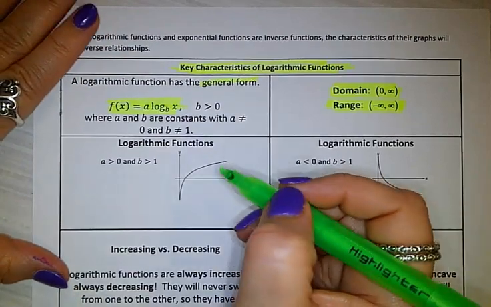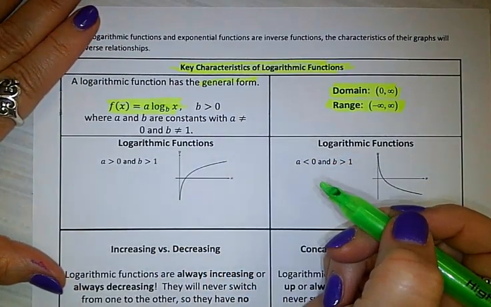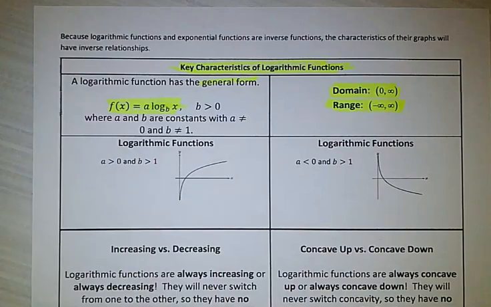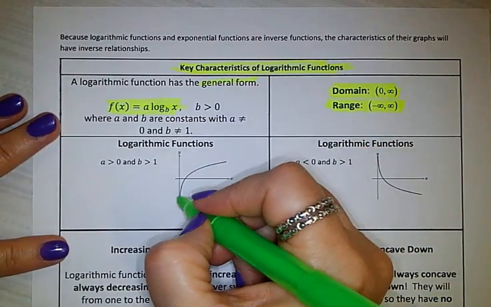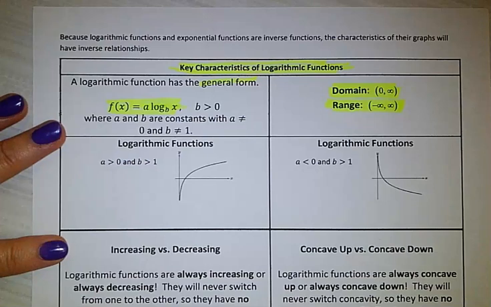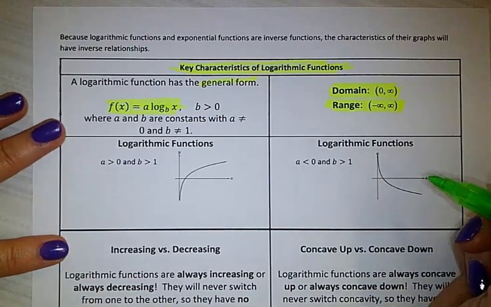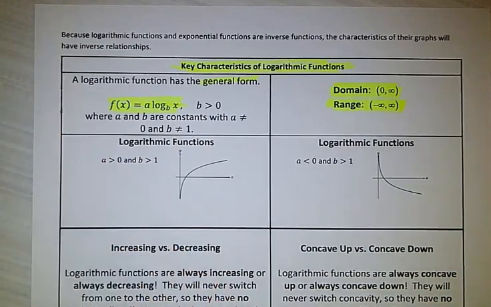And now we're just looking at the general picture of that term. So we can see the curve is going to be like this for this general graph, and that is if a is greater than 0 and b is greater than 1.